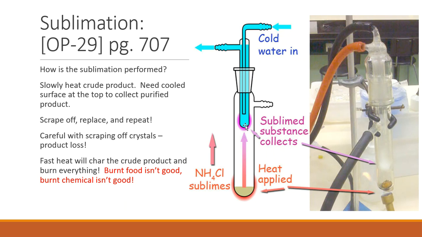And that cold water makes that piece of glassware cold, of course, and that gas will condense onto that piece of glassware, and that will make my solid form again. So what I'm doing is that I'm subliming to make it pure. I'm heating it up, all the gas leaves, all the stuff that's not camphor stays behind, and it will probably turn colors.